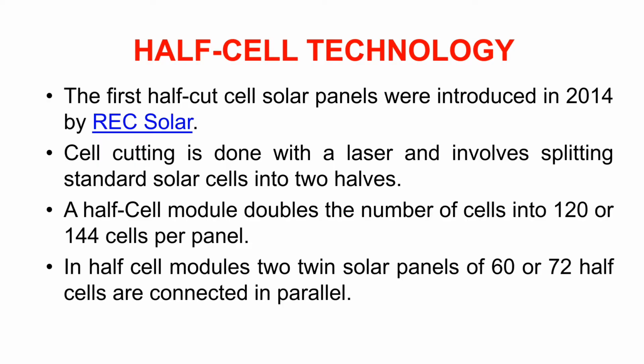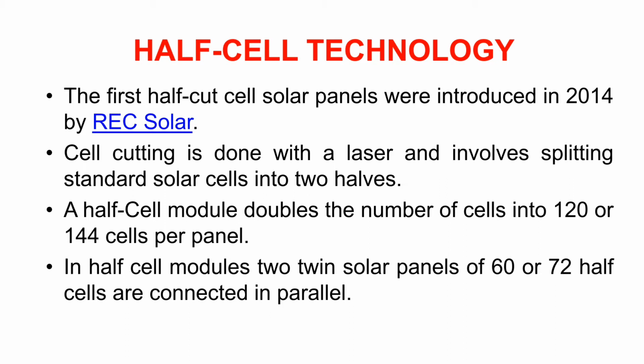Now friends, let us see a brief about half-cut cell technology. The first half-cut cell solar panel was introduced in 2014 by REC Solar, REC Renewable Energy Corporation, which is a European panel manufacturing company. In half-cut cell technology, the process of making solar cells from silicon ingots is the same.